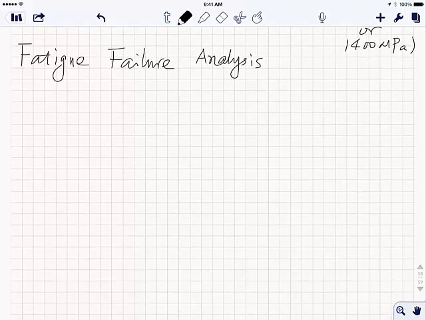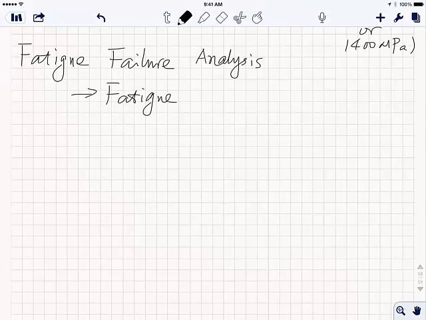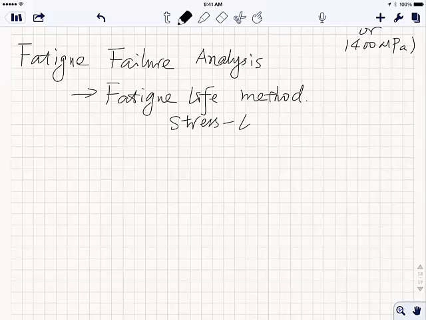The first one is fatigue life method. First one is stress life. That assumes it is a stress that caused the failure in dynamic motion fashion, so we need to look into the stress. Second one is strain life method. This method assumes it is a strain that caused the ultimate dynamic failure, so we need to focus on strain.